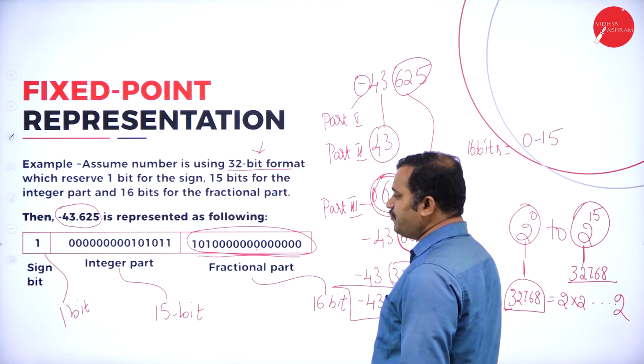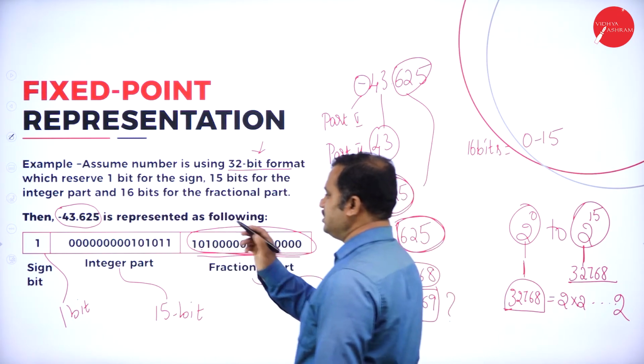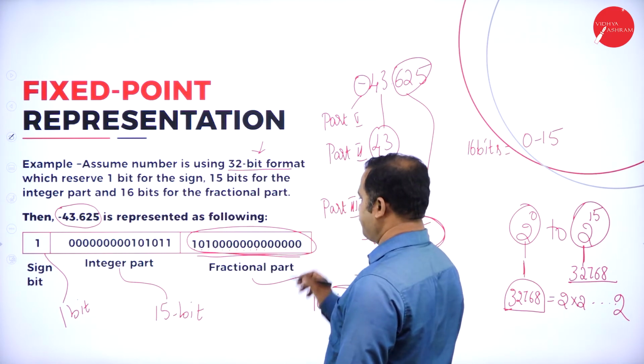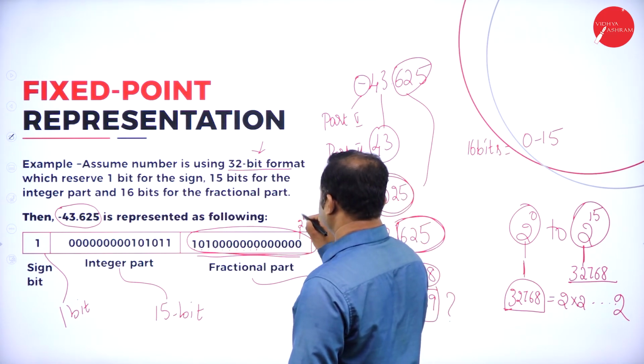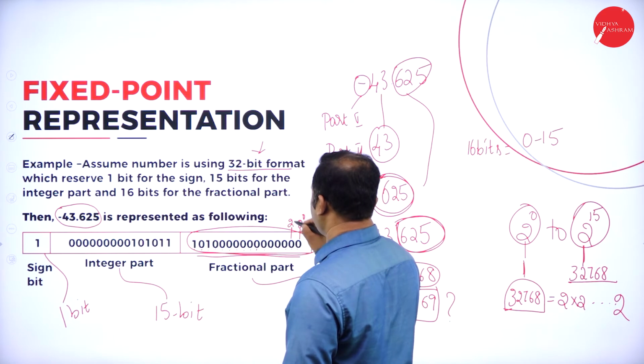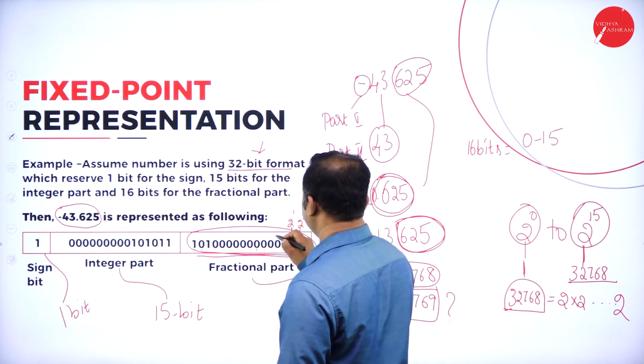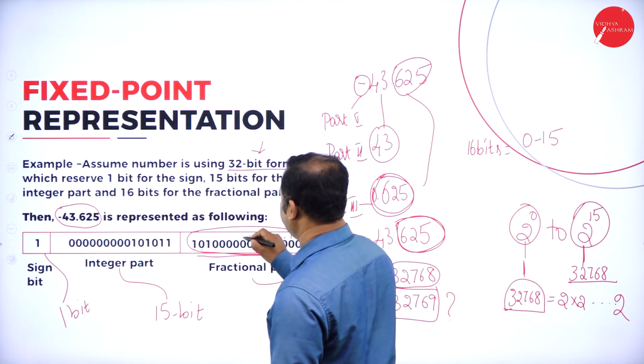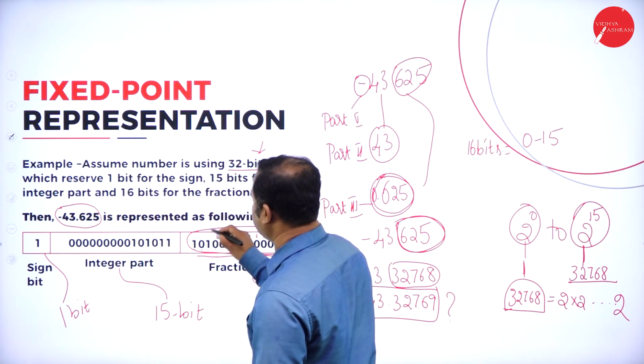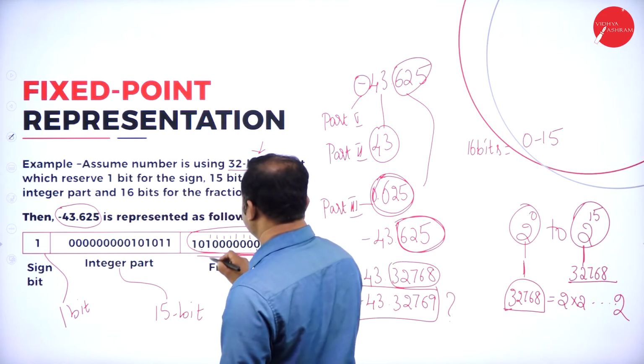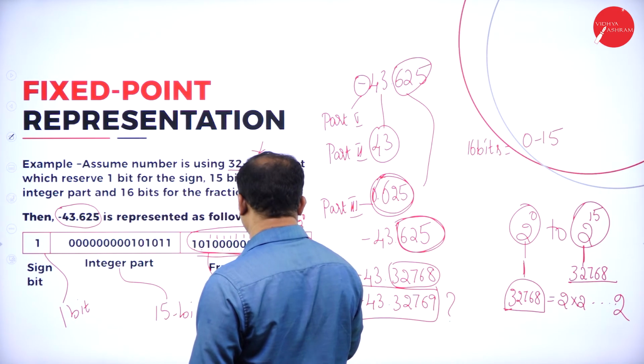What does that 625 indicate in this case? This is 2 raised to the power of 0, 2 raised to the power of 1, 2, 3, 4, 5, 6, 7, 8, 9, 10, 11, 12, 13. We have 1 in the 13th place, that is 2 raised to the power of 13.